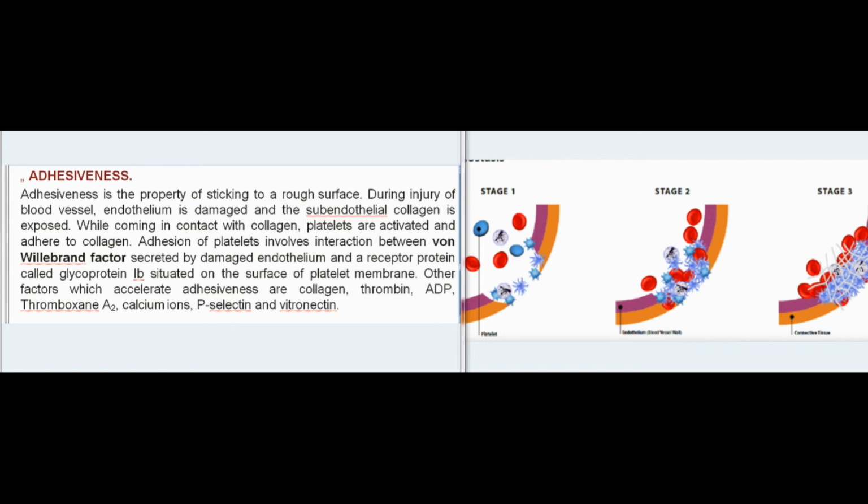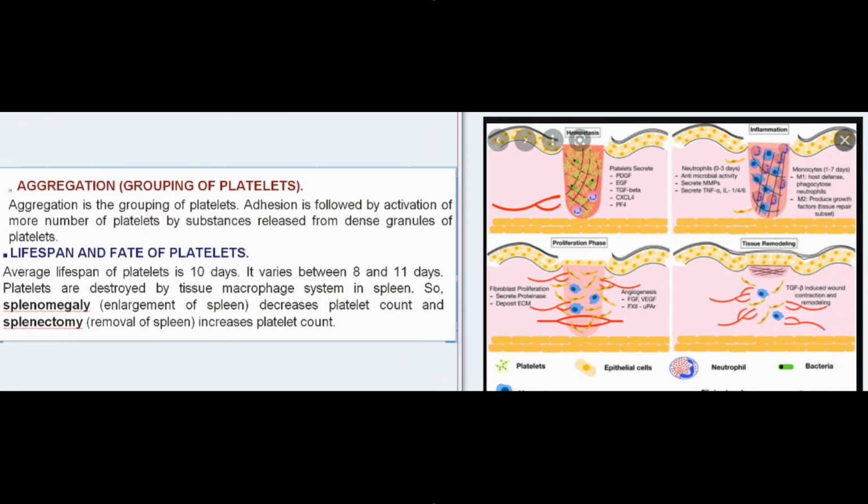Adhesion of platelets involves interaction between von Willebrand factor secreted by damaged endothelium and a receptor protein called glycoprotein Ib situated on the surface of the platelet membrane. Other factors which accelerate adhesiveness are collagen, thrombin, ADP, thromboxane A2, calcium ions, P-selectin, and vitronectin. Aggregation is the grouping of platelets. Adhesion is followed by activation of more platelets by substances released from dense granules of platelets.